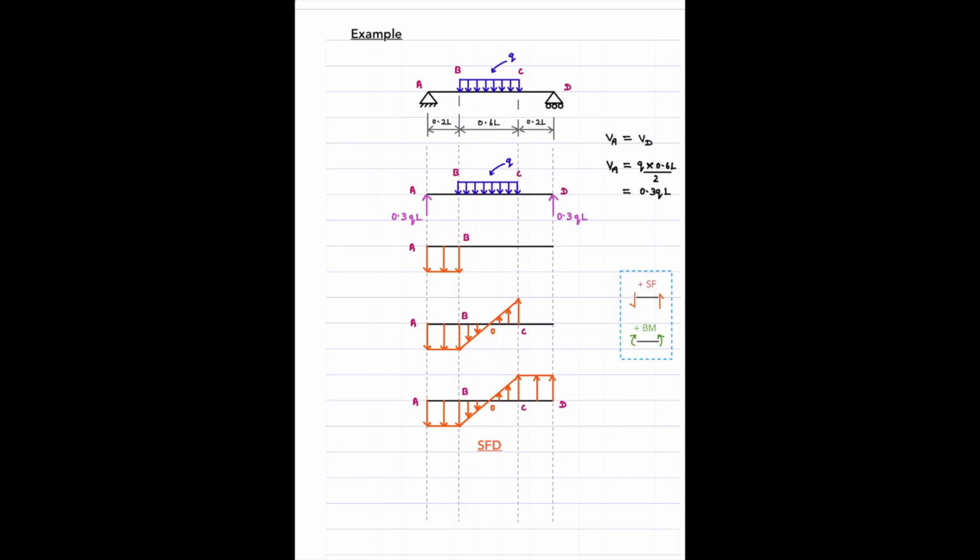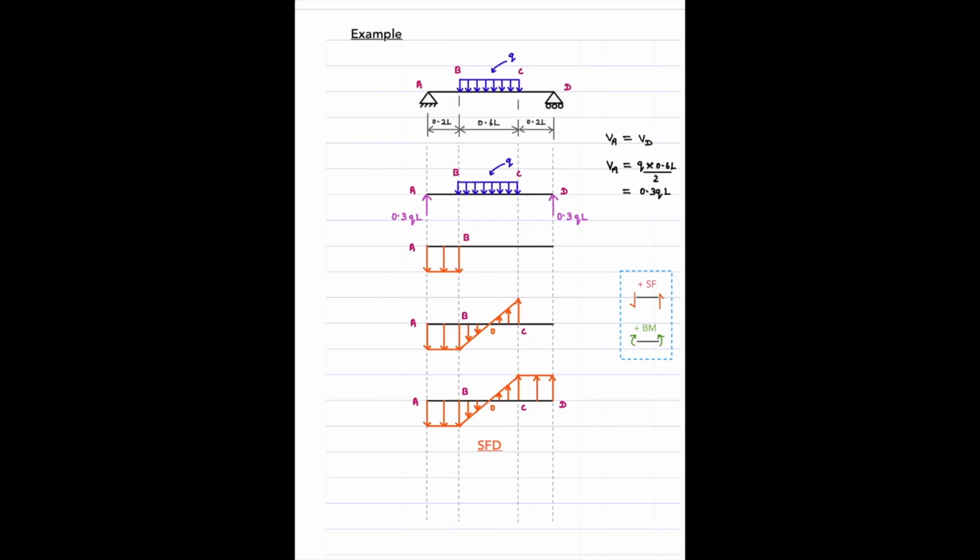However, we see that this force is acting upwards at the left end. So therefore, we need to start drawing it in the negative direction, right? Now we have done that. When we move further from this end, we see that at no location here we have any other force acting. That means this should remain constant. Then what happens after this point B?